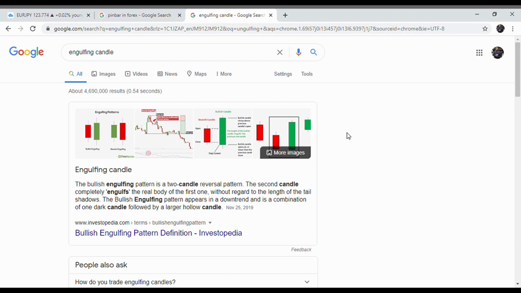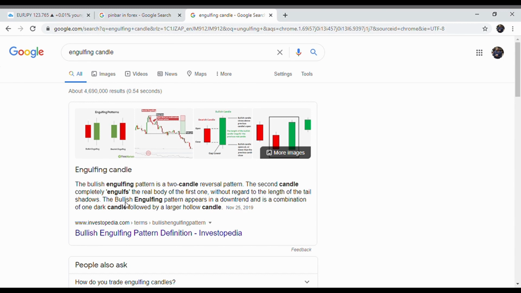Alright, so sorry for the weird cut again. So the bullish engulfing pattern is a two candle reversal pattern. The second candle completely engulfs the real body of the first candle without regard to the length of the tail or shadow.